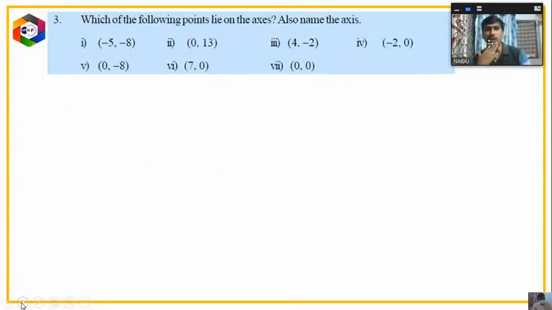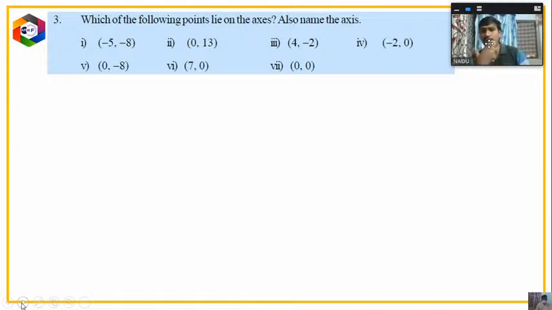Which of the following points lie on an axis? I'll name the axis, and you can complete this also, children. If it lies on an axis, x axis or y axis, if it lies on the x-axis, y value is 0. If the y value is 0 it lies on the x axis, if the x value is 0 it lies on the y axis.